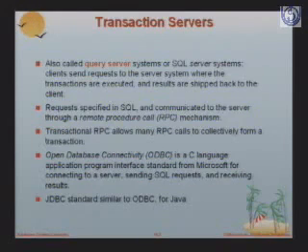I'm referring to this server system as an SQL server system. Clients send requests to the server systems where the transactions are executed, and results are shipped back to the client. This is one basic functionality. The requests are specified in SQL and communicated to the server through a remote procedure call mechanism. This is a way they might communicate. Transactional RPC allows many RPC calls to collectively form a transaction.